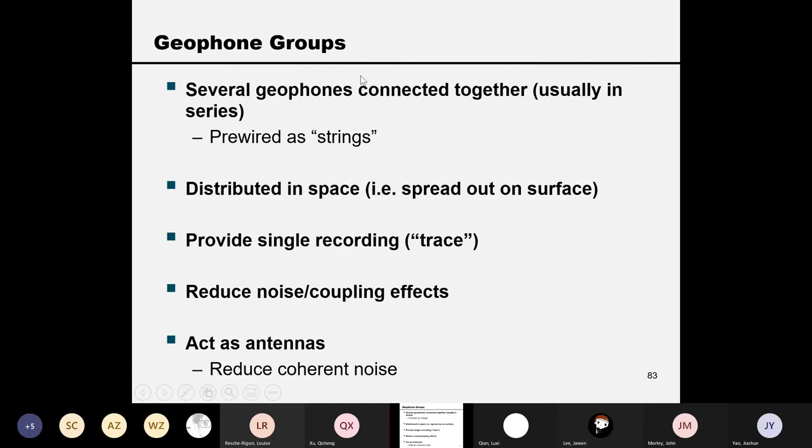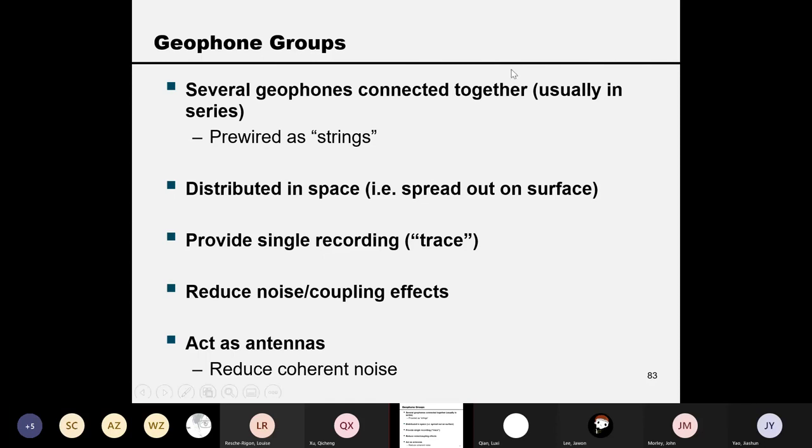In the previous example, I showed you the coupling of a number of sources. But here, I show you coupling of receivers. Okay, so in the field, usually they're manufactured as a string. The receivers are connected together, and they transmit the summed data into the channel, the so-called single trace.